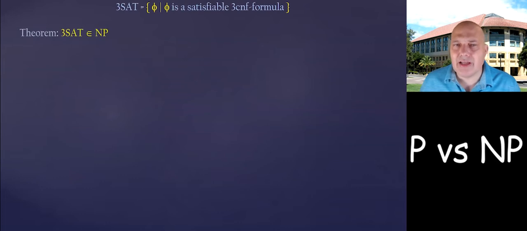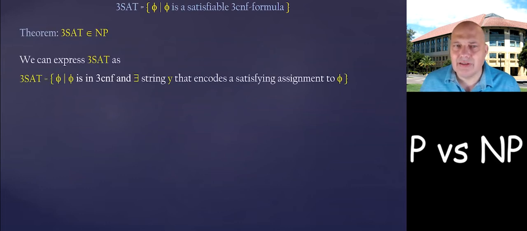Theorem: 3SAT is in NP. We can express 3SAT exactly in the way we like to express problems in NP. 3SAT is formula phi, such that phi is in 3CNF, so it has the right structure, and there exists a string y that encodes a satisfying assignment to phi.